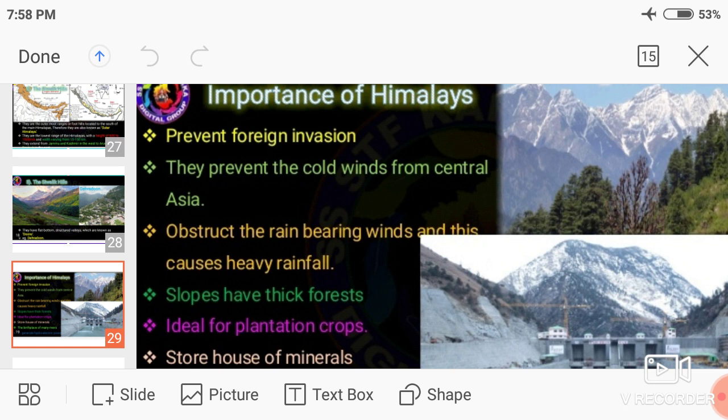The last point is that they are a storehouse of minerals. Because of the fall of rivers, they can generate hydroelectricity. These are the importance of the Himalayas.